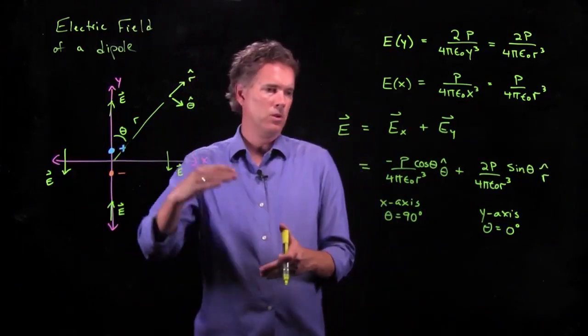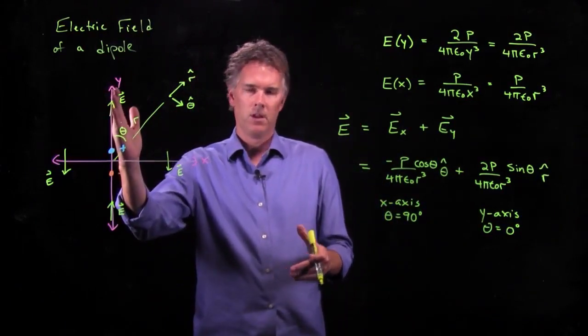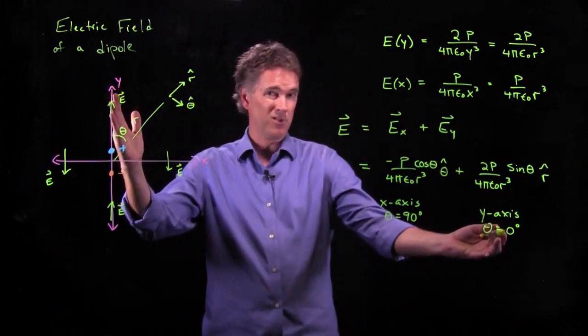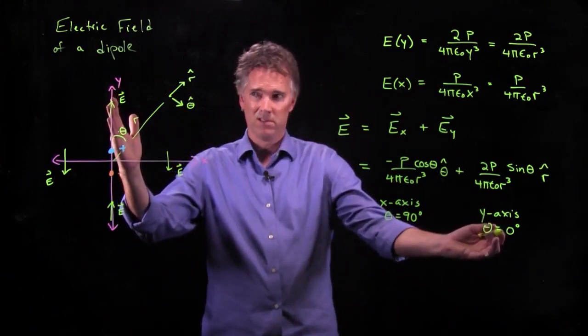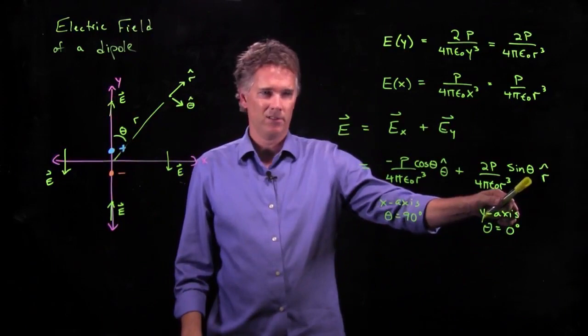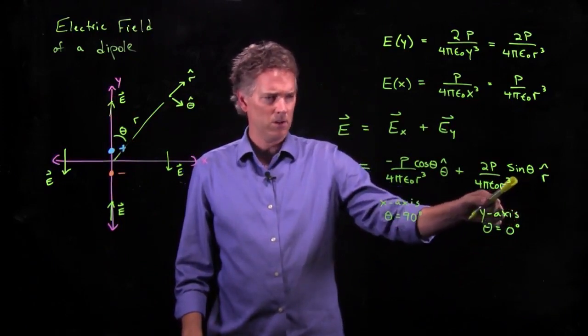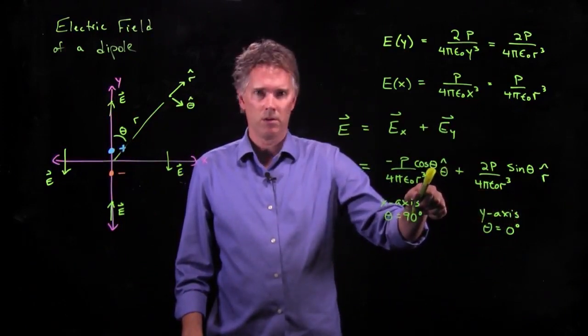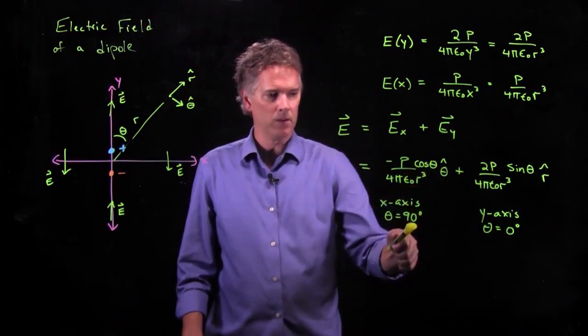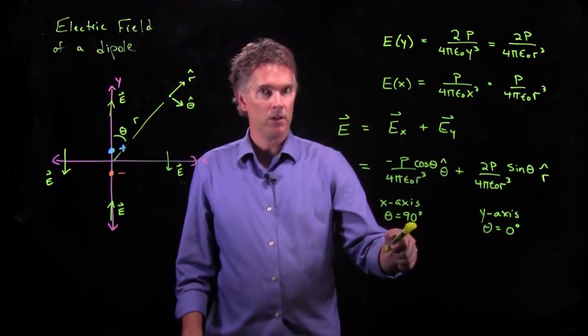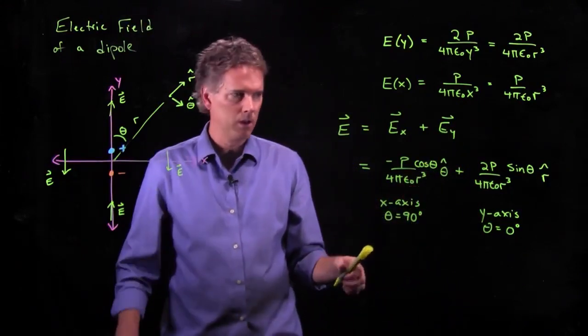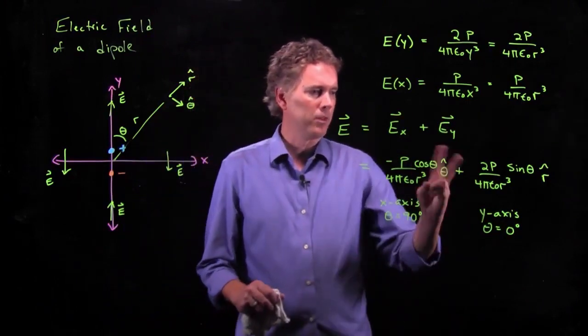As I go to 0 degrees, sine of 0 degrees is 0. That doesn't look very good. Did we do something wrong? I think we did something wrong, right? Because cosine of 90 degrees is in fact 0. I think we said it was 1. So that means we have to flip these two.